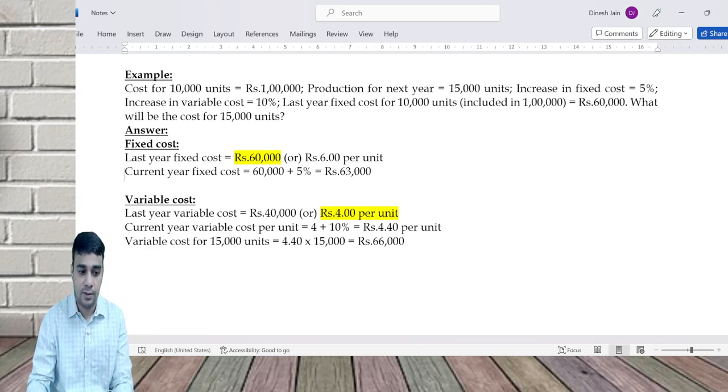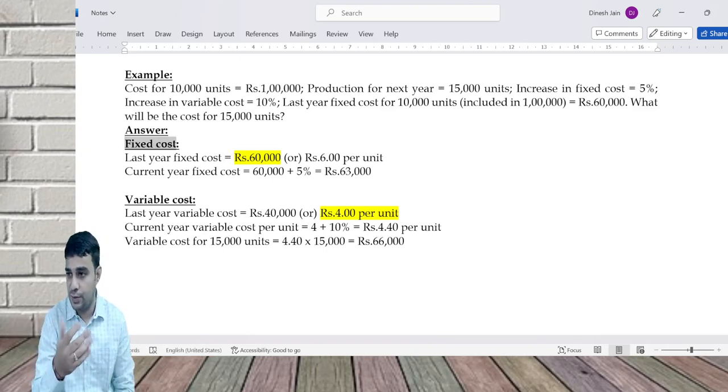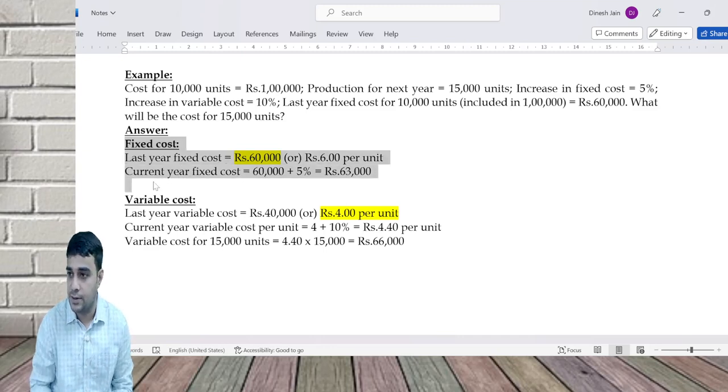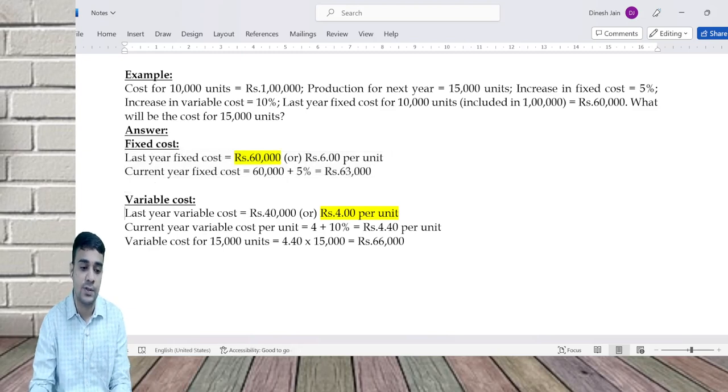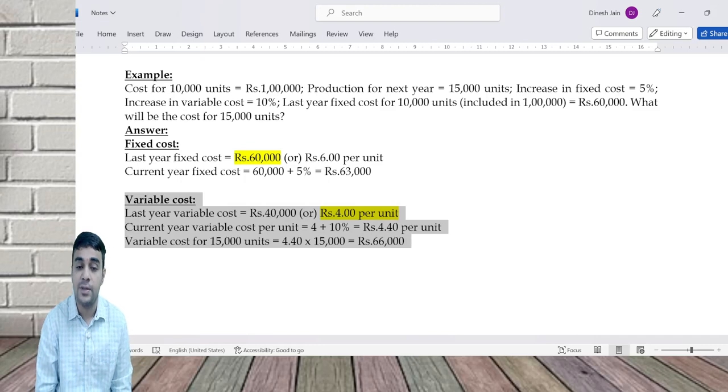If the heading for this was variable cost, then the amount would have come as 94,500 and not 63,000. And if this was fixed cost, the amount would have come as 44,000, 40,000 plus 10%. Put together, you got a number.